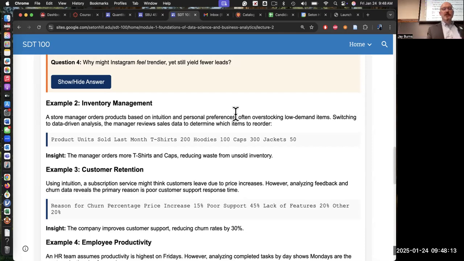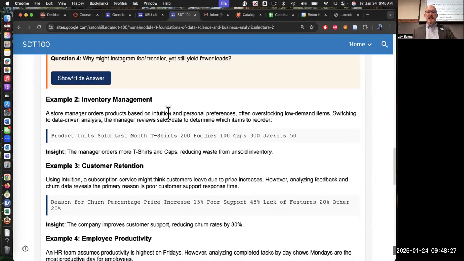So example 2, inventory management. A store manager orders products based on intuition and personal preferences, often overstocking low-demand items. Switching to data-driven analysis, the manager reviews sales data to determine which items to reorder. Here we have various products. T-shirts are at 200, hoodies are at 100, caps are at 300, and jackets are at 500.